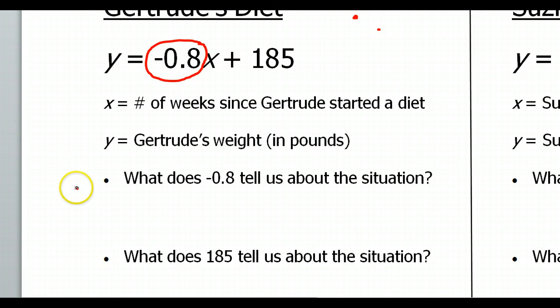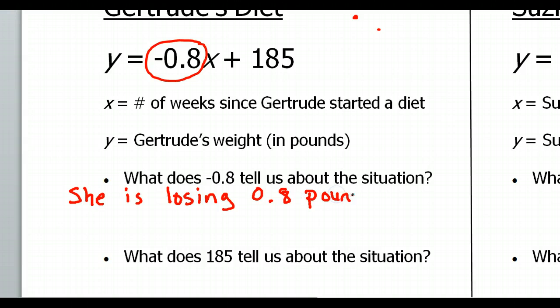So you would write down something like this: she is losing 0.8 pounds each week. Okay, that's what the negative 0.8 tells us in this case.